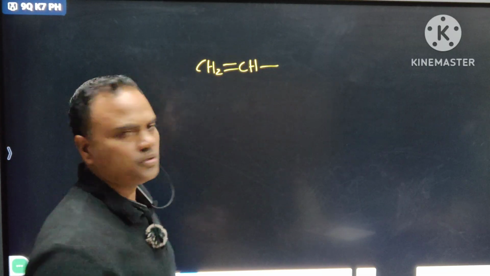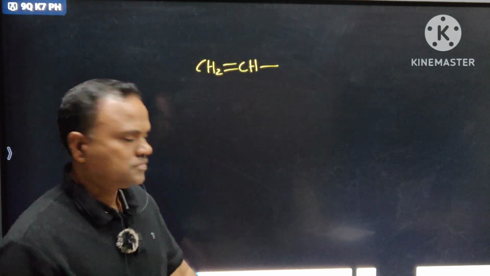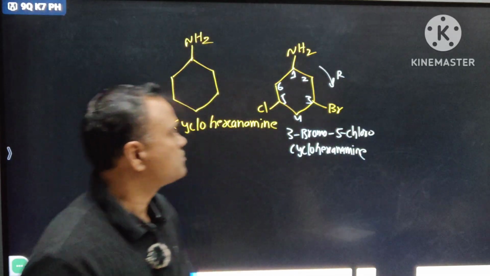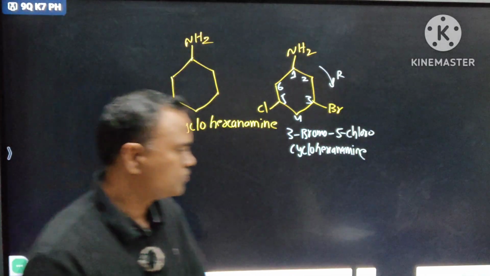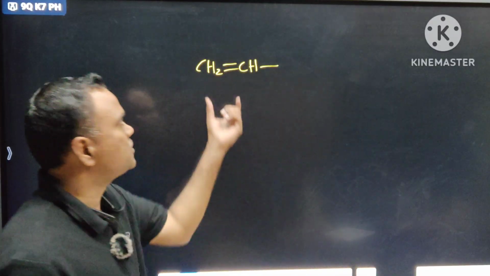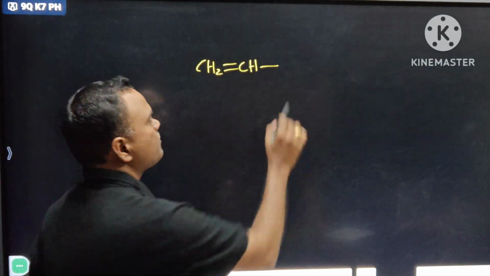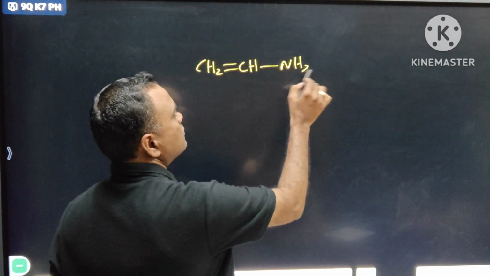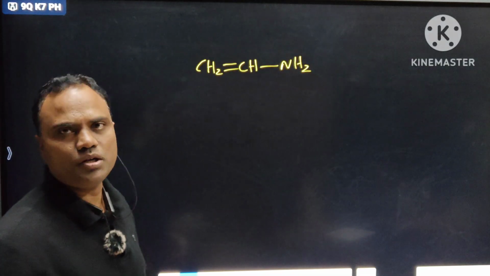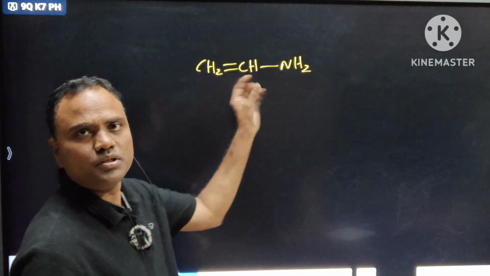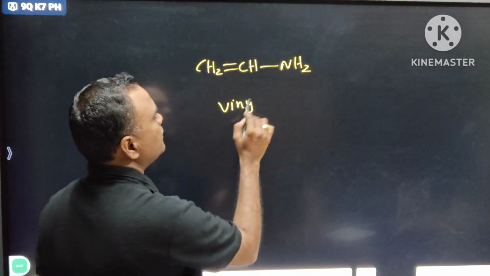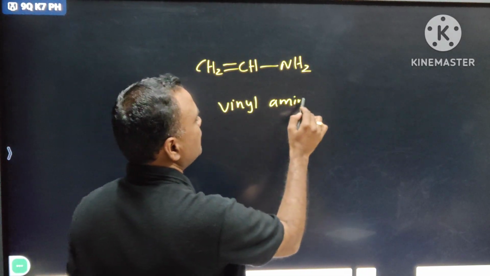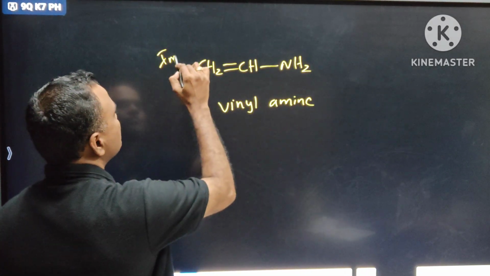This is the vinyl group. Another example: this is the vinyl group, so this is vinyl amine, the common name. Very important example.